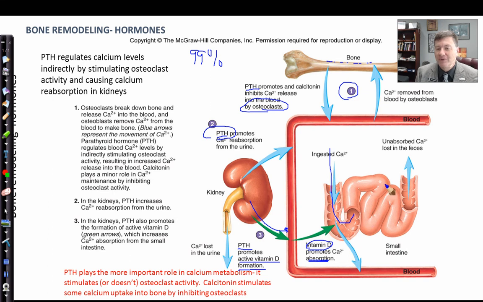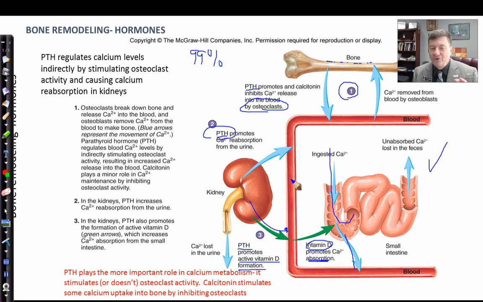Rather than the calcium being lost in the feces, PTH says make vitamin D. Vitamin D helps us absorb calcium, it goes into our bloodstream, and once again, that's a win. We have three different ways we have ensured that we have calcium entering the bloodstream, just to summarize: from the bone, from the urine, and from the food.